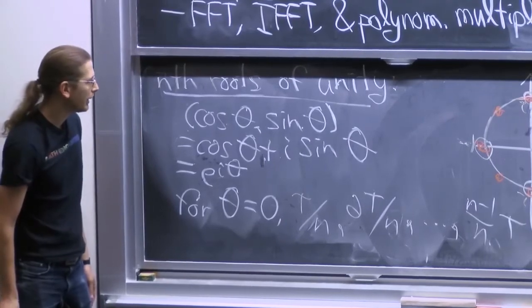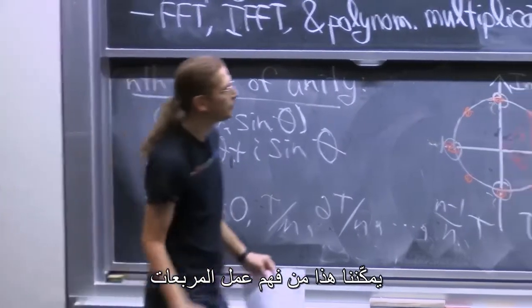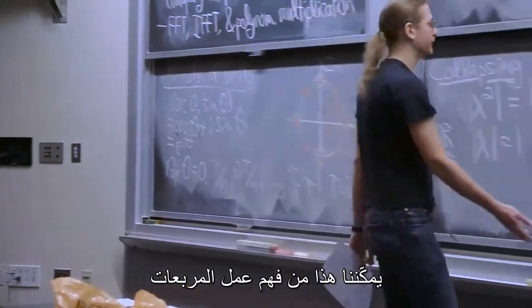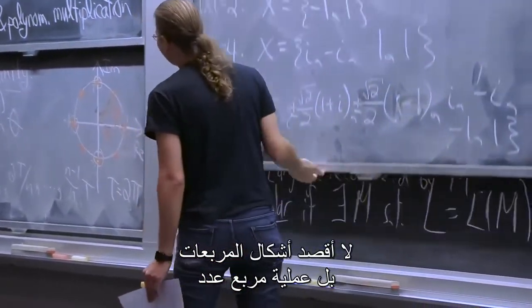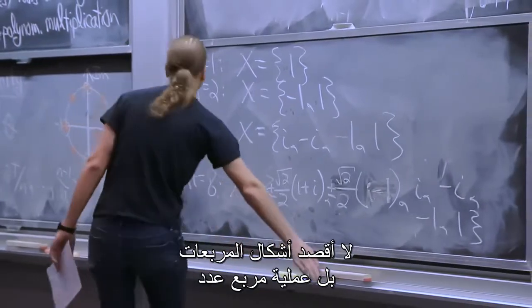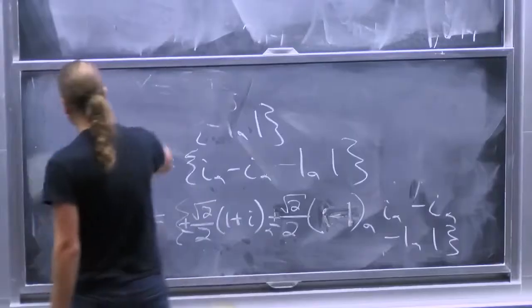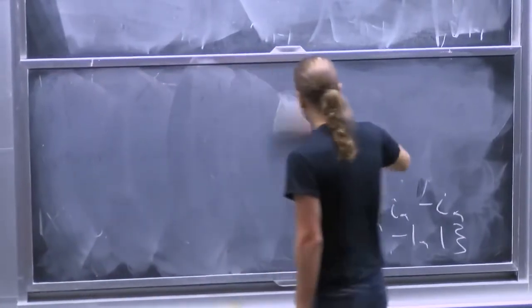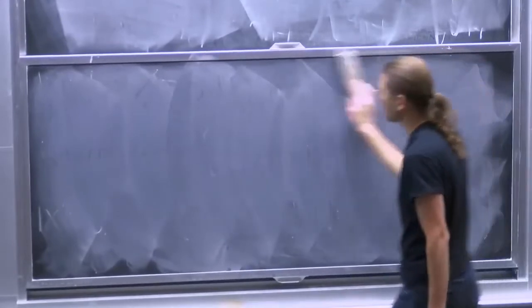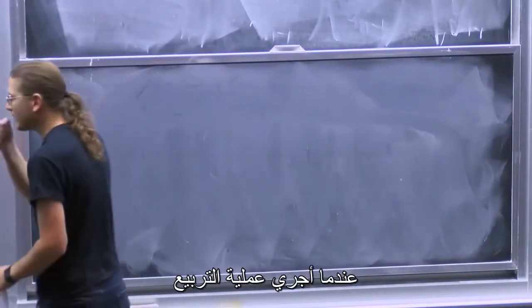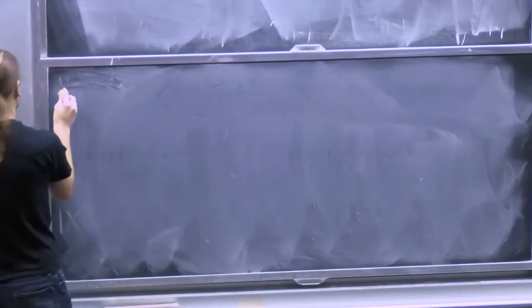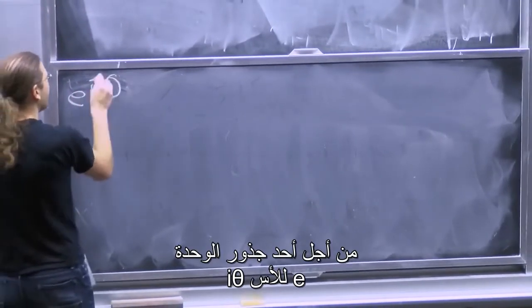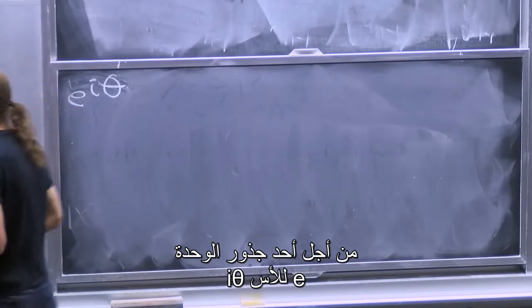Cool. So what? Because this lets us understand how squares work. Not squares the shape, but squares the operation. When I take squares, so if I take e to the i theta, this is one of my roots of unity.